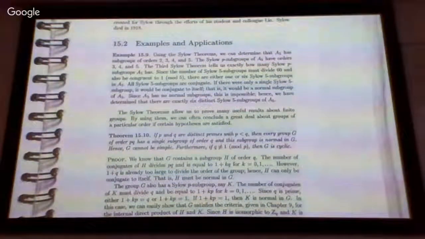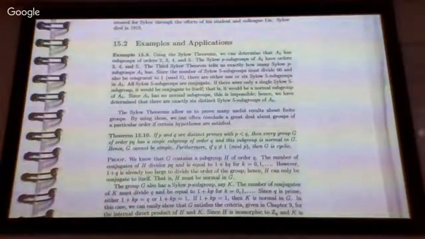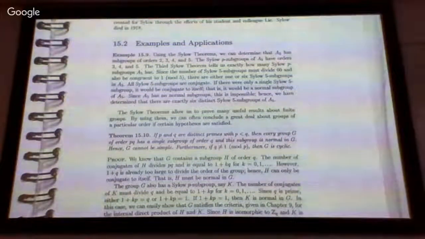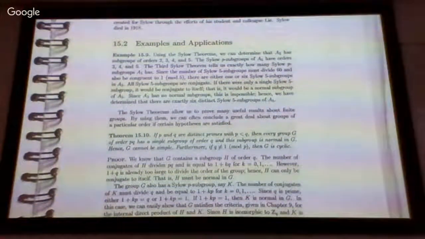But the second Sylow theorem told us, I've rubbed it out, that all the Sylow P subgroups are conjugate to one another. So there's just one conjugacy class, one orbit, consisting of all of the things. Because they're all conjugate, you're allowed to conjugate by any element from G.